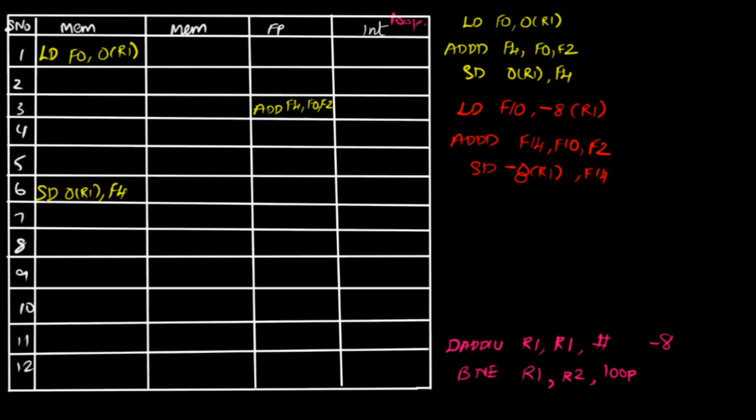We'll try to schedule these three now. The load is not dependent on all these things, so we will try to fill it here. So let's fill it here now.